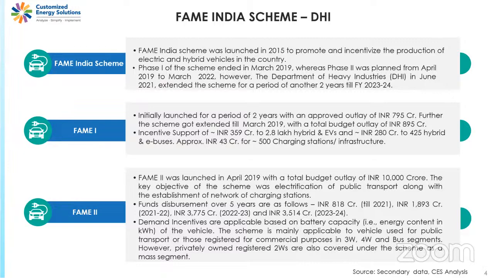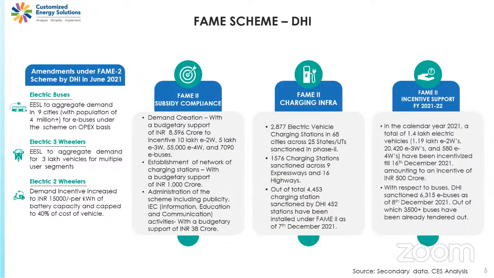So let's look at what happened in FAME 2 now. In FAME 2, there are 3 main categories. To create the demand, a budget of 8,595 crore was allocated to incentivize 10 lakh two-wheelers, 5 lakh three-wheelers, 55,000 four-wheelers, and 7,090 electric buses.